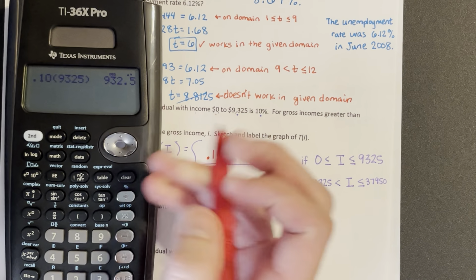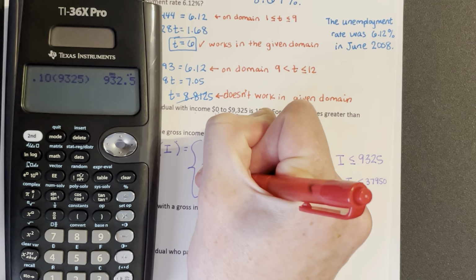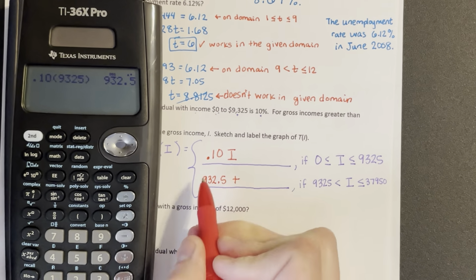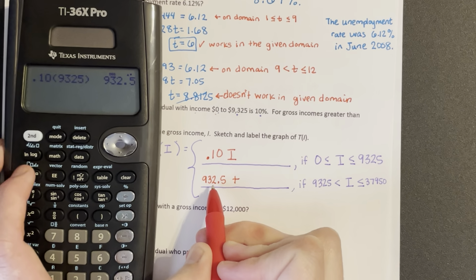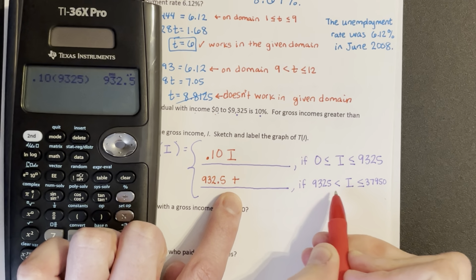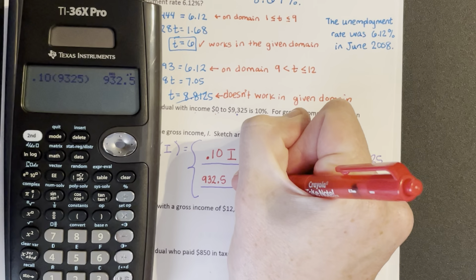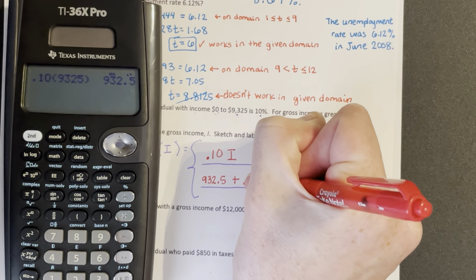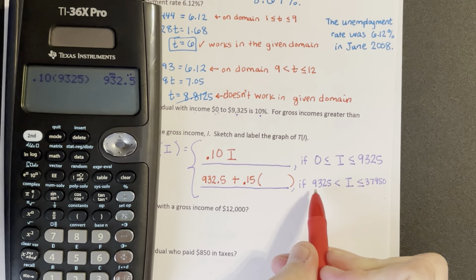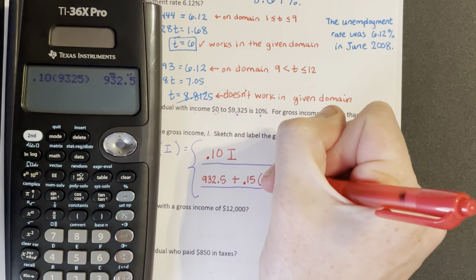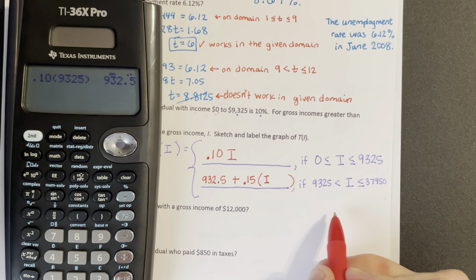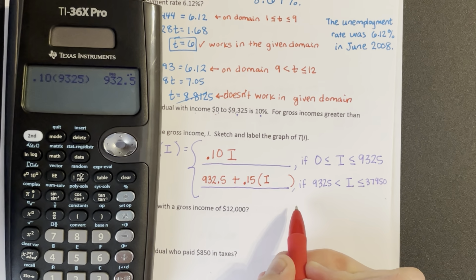And I get 932.5 plus. So this is just going to be the initial amount plus whatever's additional over the 9325. So now I'm going to add our 15%. And it's 15% of the amount over 9,325. So if I just put an I here, that's the full income. So I'm taking 15% of my full income plus the additional.